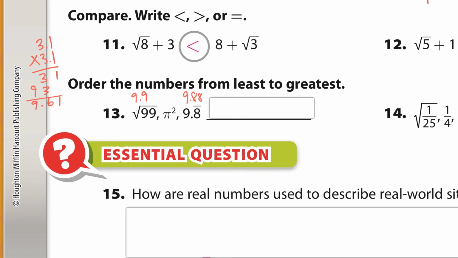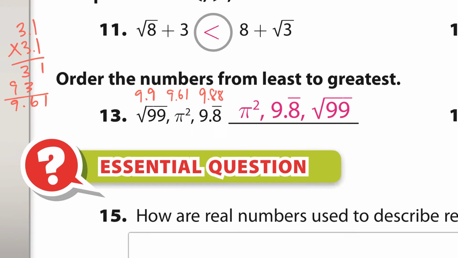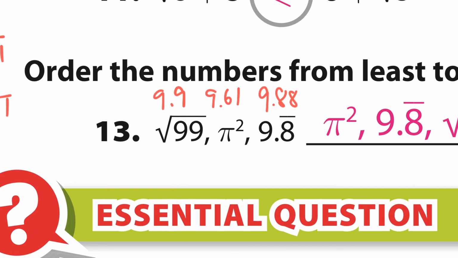Okay, I'm calling pi squared the smallest, according to what I did. So, let's look at the order. Pi squared, smallest, because I'm calling that about 9.61, then 9.88, and then the square root of 99. Because 9.88 versus 9.90, you're looking at 90 compared to 88. That's why this one's the larger one.